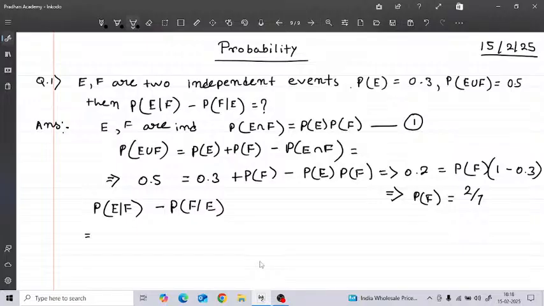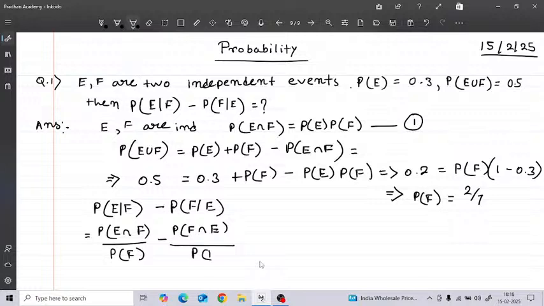I can write conditional probability of E given F is probability of E intersection F divided by probability of F, minus probability of F intersection E divided by probability of E. Now we know that intersection is a commutative binary operation, so E intersection F is equal to F intersection E. So we can put the value: E intersection F is 0.5, that is 2 by 7, minus 0.5, that is 0.3.